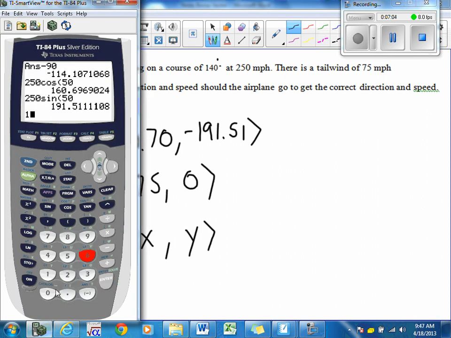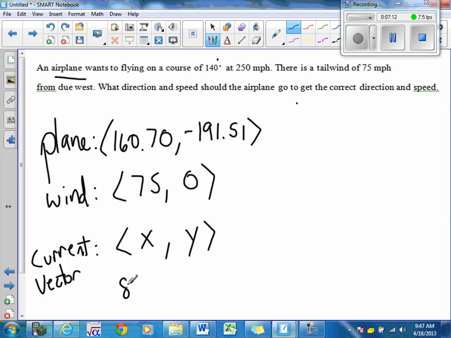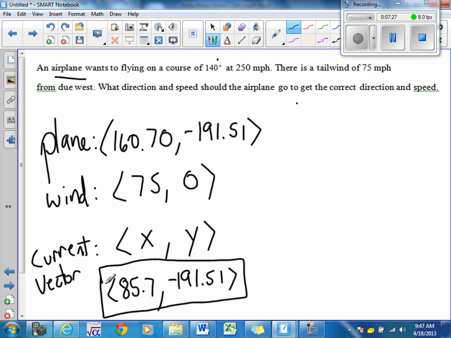So I could do 160.7 minus 75, and I get 85.7. And I know this is negative 191.5 since it's 0 here. So this is my correct speed and direction to go 140 at 250.